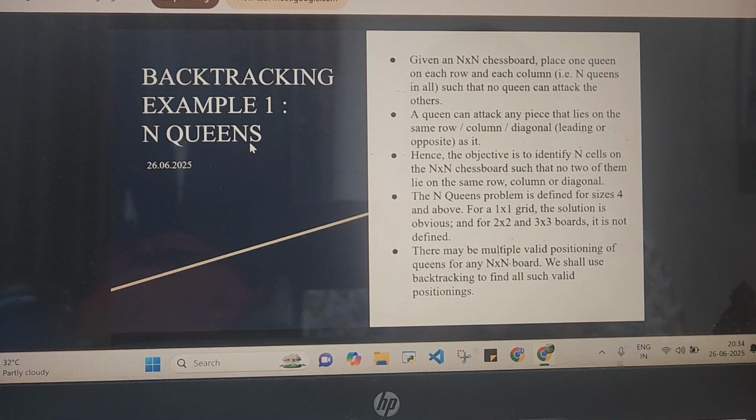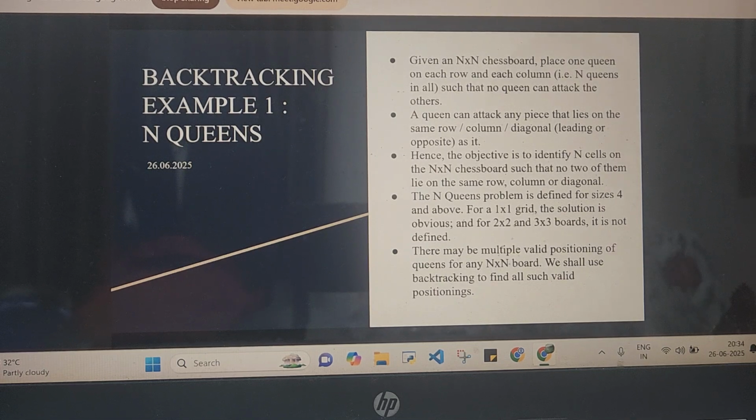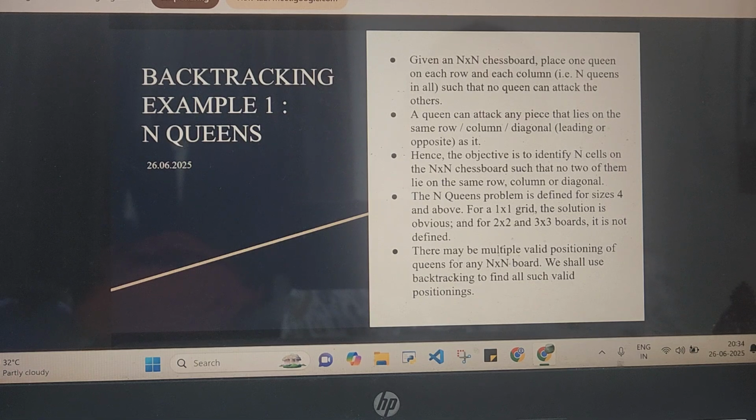So the problem is called n queens, and the statement is as follows: given an n cross n chessboard, place one queen on each row and each column, that is overall n queens, such that no queen can attack the other. So if you are familiar with the chess game, which has multiple pieces, king, queen, bishop, rook and knight and so on, you might be aware that the queen is a piece which can move vertically, horizontally and diagonally to any number of steps.